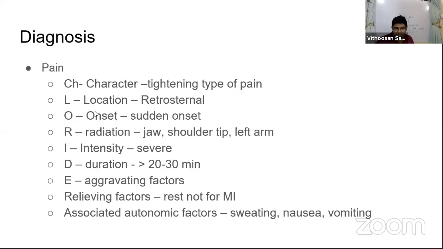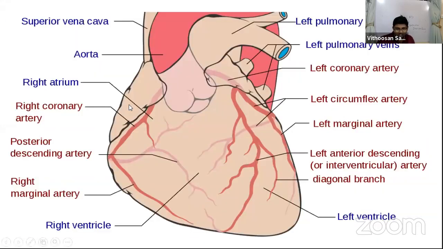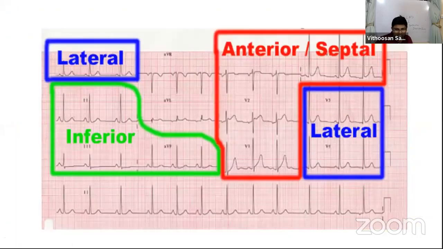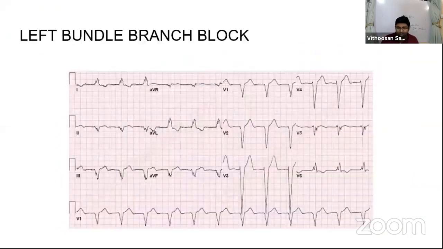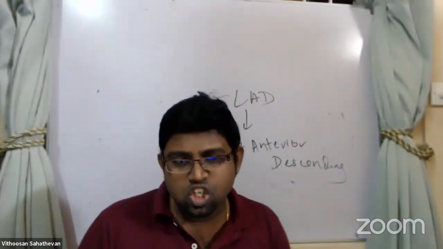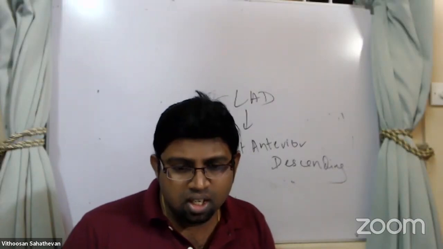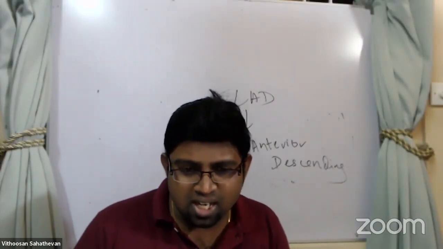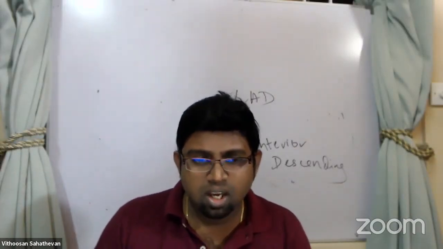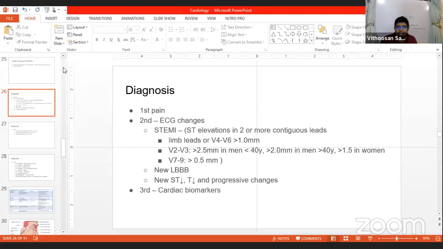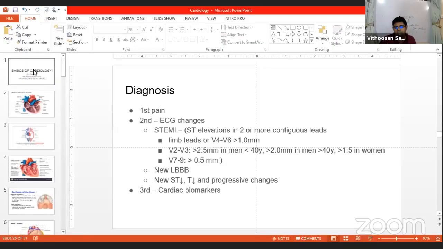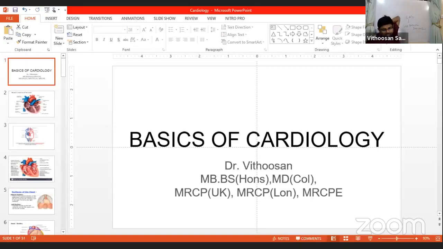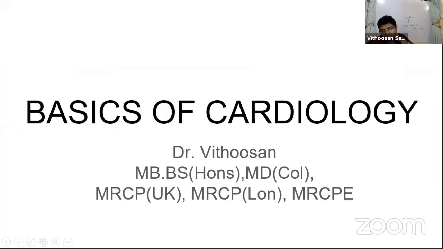So that's about the pain, guys. I'll teach you the cardiac biomarkers later. I just want to say what cardiac biomarkers are. Don't worry about it now. Cardiac biomarkers are enzymes. They are released into the circulation when there is damage to the cardiac muscle, only then.